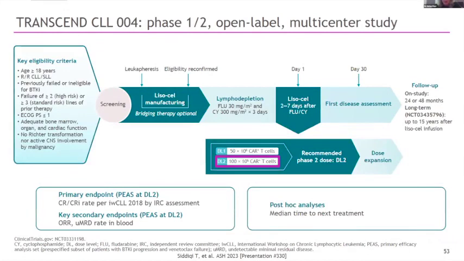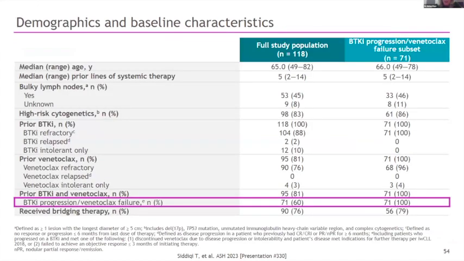In terms of future possibilities, Tanya Siddiqi presented some data on liso-cel, CAR-T cells in CLL. So these are relapsed refractory patients who've had multiple prior lines of therapy, high-risk patients. You can see that they had a full study population in the left-hand column and 100% patients with BTK progression or venetoclax failure in the right-hand.